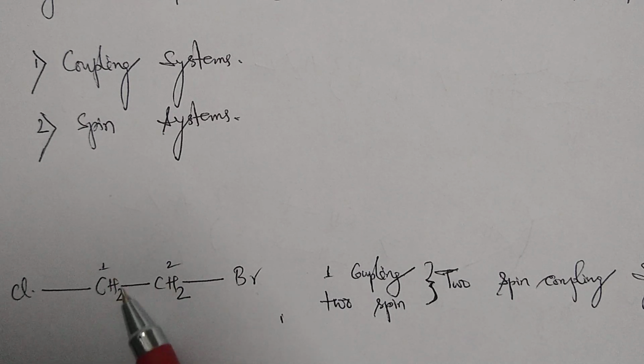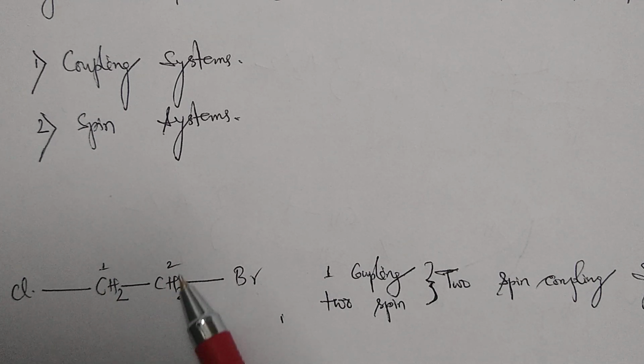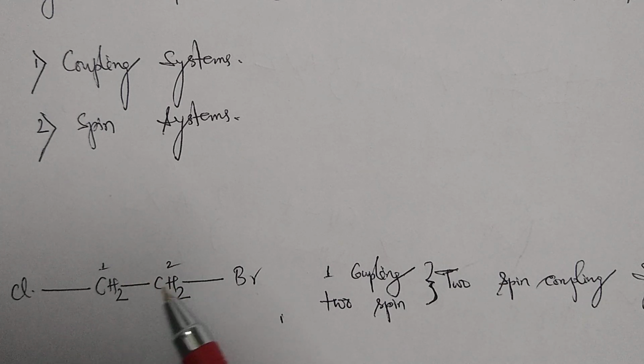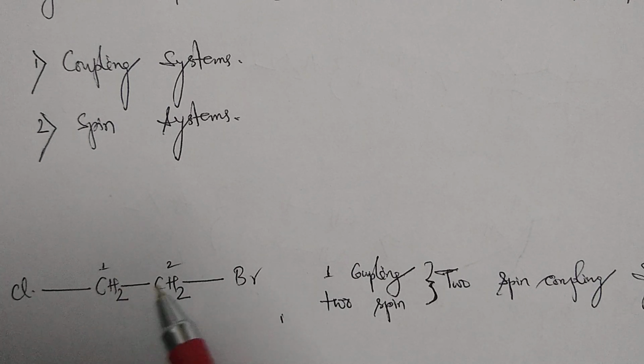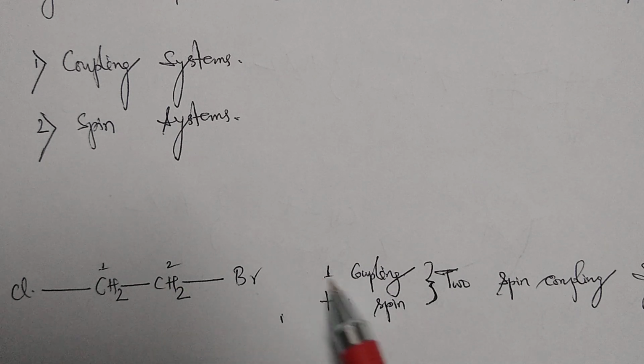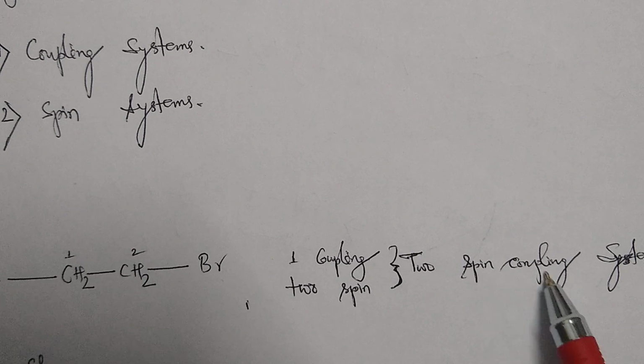That is, these two protons will be in a different environment to that of these two protons over here. These two protons will couple with these two protons over here, and similarly for the other two. So they are coupling with each other, that is, it has one coupling system. Together it is a two spin coupling system.